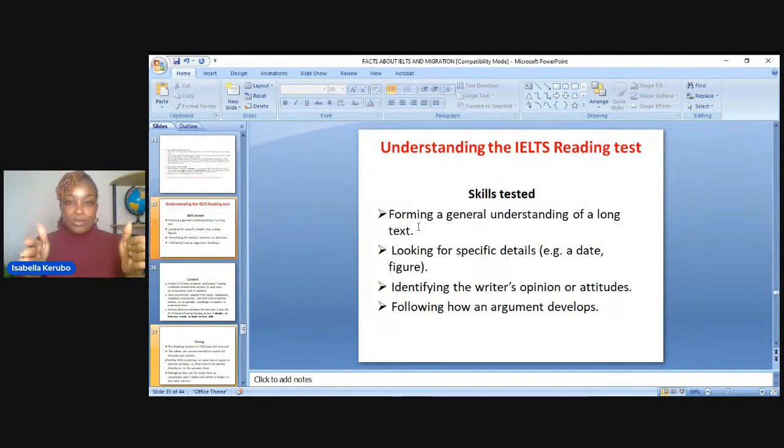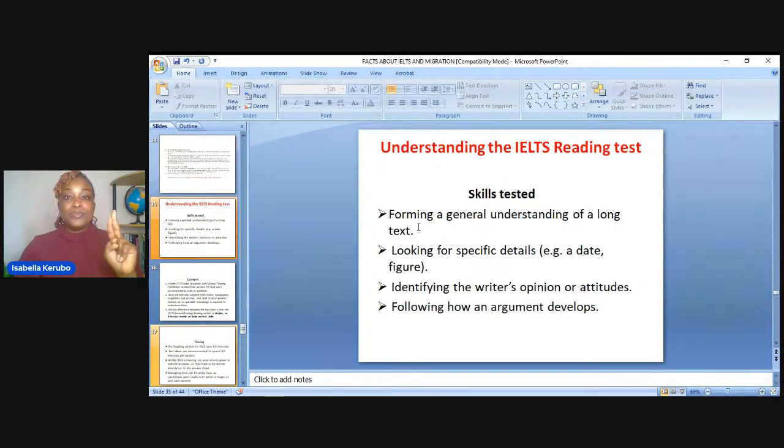Are you able to come up with the general understanding of this text? This is one skill that is tested, your ability to form a general understanding of the whole text that you'll be reading.